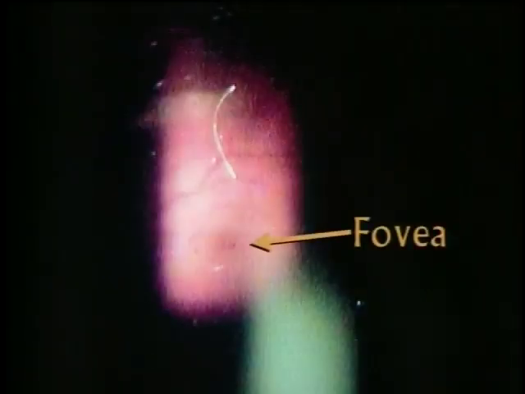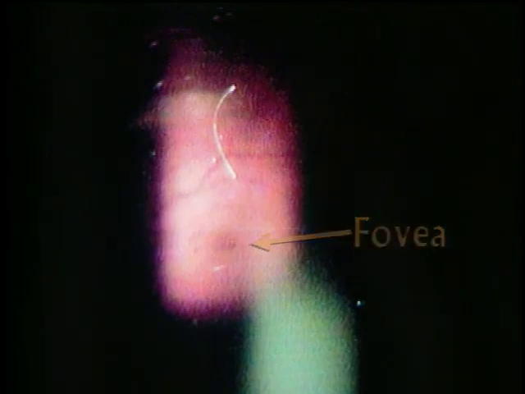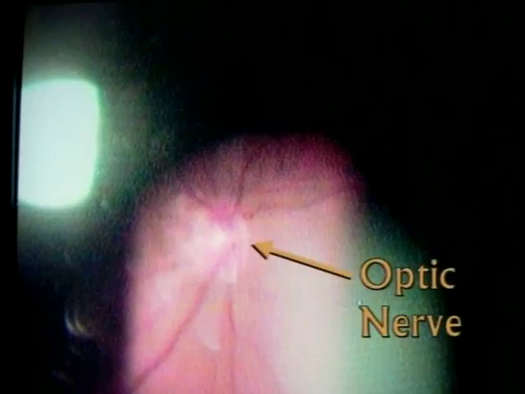And if you remember before when we tested eye movements, when you were doing the tracking, that's the part of the eye that you have to move around to be able to see clearly. We can also see the blood vessels, and those blood vessels actually lie on top of the photoreceptors. And here we have the optic nerve head, which makes up the blind spot of the eye.